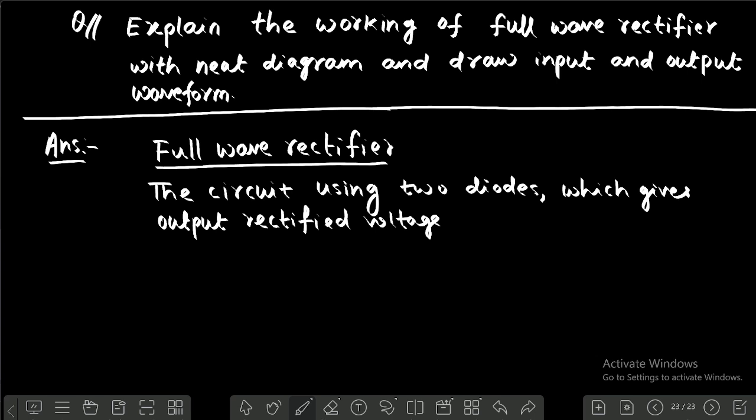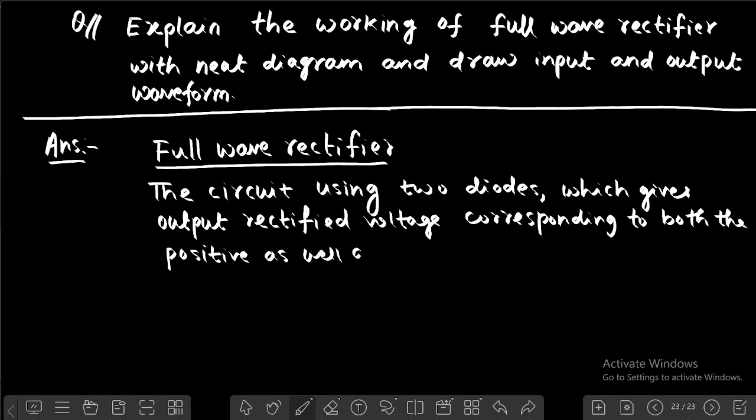The circuit gives rectified voltage corresponding to both the positive as well as negative half of the AC cycle.